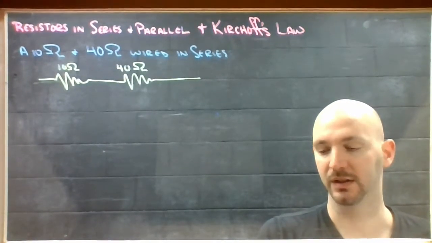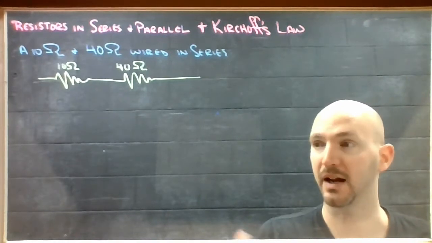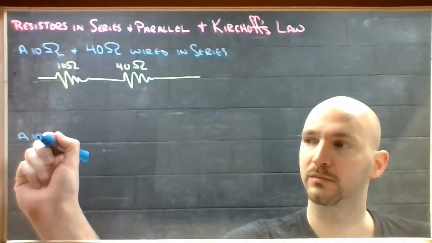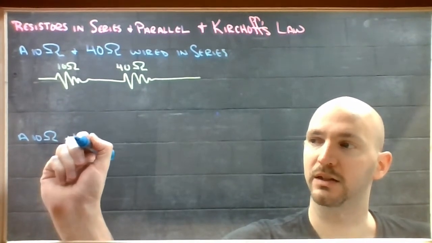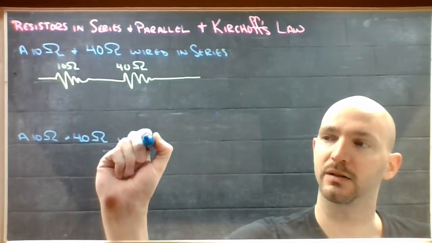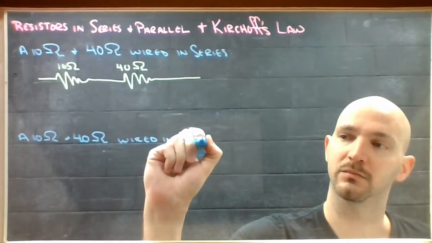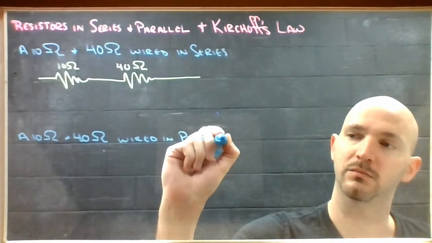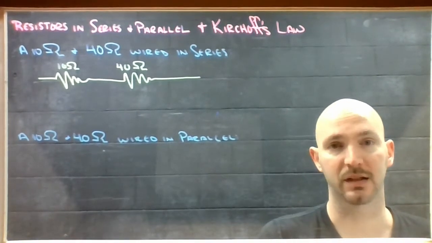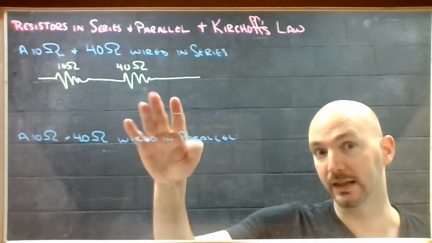The other option is that if you have a 10 ohm and a 40 ohm wired in parallel, well, that would look like this. 10 ohm and 40 ohm wired in parallel. So in a parallel structure, the current doesn't go through one, then the next, then the other.